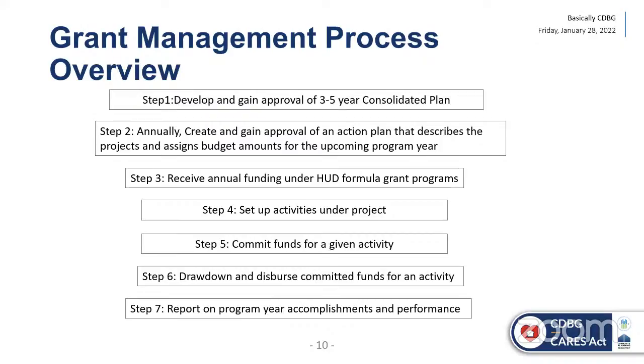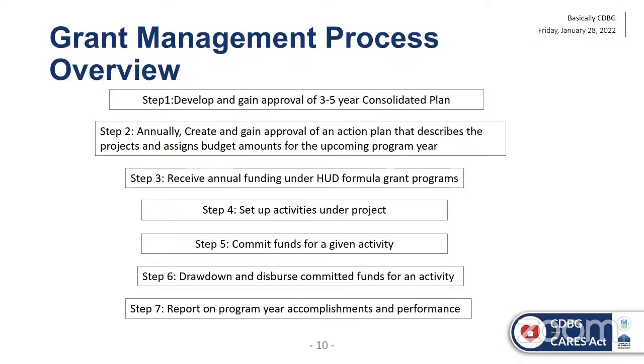So, just an overview of the whole grant management process. The first thing is that you develop and get approval of your 3 to 5 year consolidated plan. And that first year's action plan is a part of your consolidated plan. Then each year you create your action plan, which describes all the projects and activities that you'll be doing and assigns budget amounts.